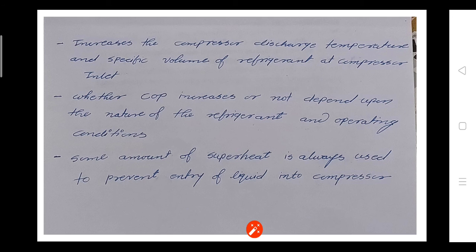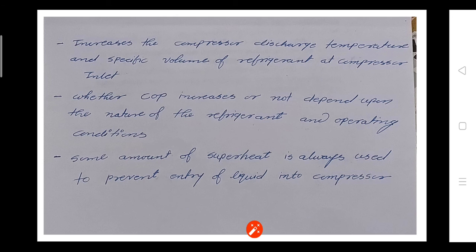If the performance of the evaporator is not at a satisfactory level, it means that at the entry of the compressor there may be a chance of wet condition. It means a mixture of vapor and liquid goes into the compressor.